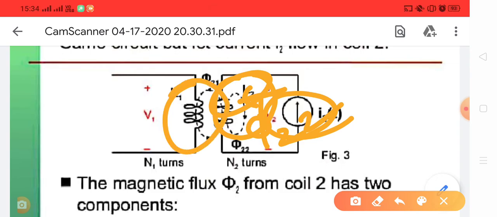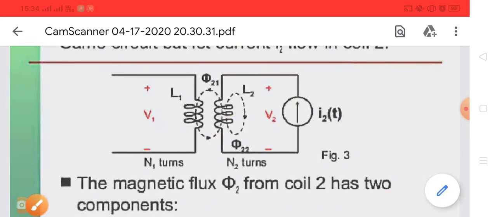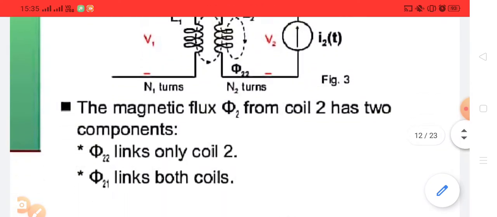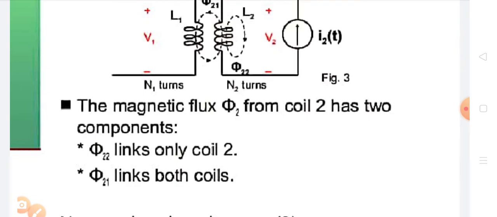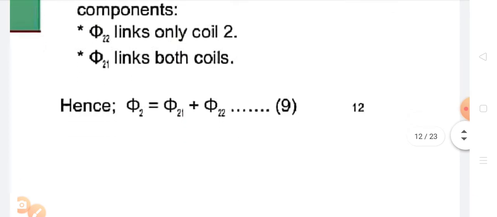Based upon that, one more flux is generated here, that is φ21. So φ21 is common for the two coils, and φ22 is in the L2 coil. So φ2 is divided into two components, φ22 and φ21. φ22 is the flux in coil 2, and φ21 is the flux in both coils. So adding them, you get φ21 plus φ22.